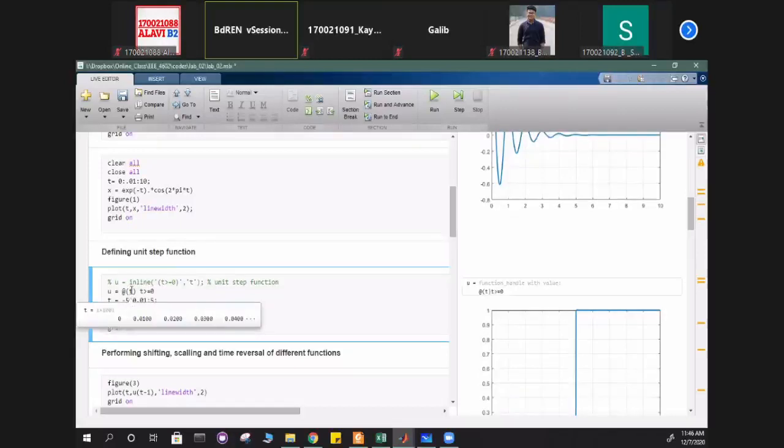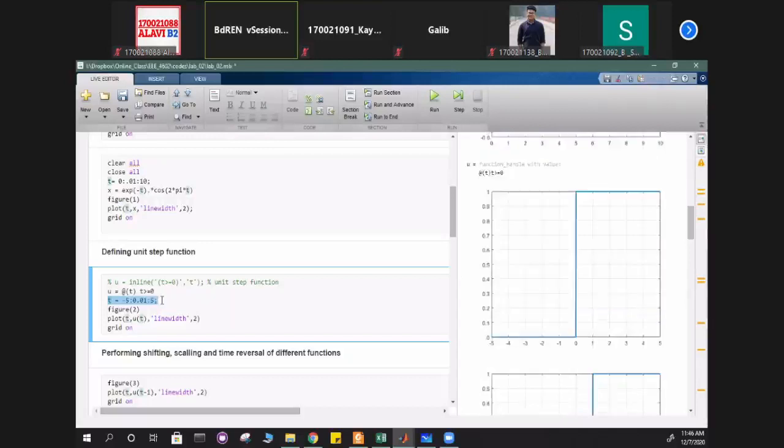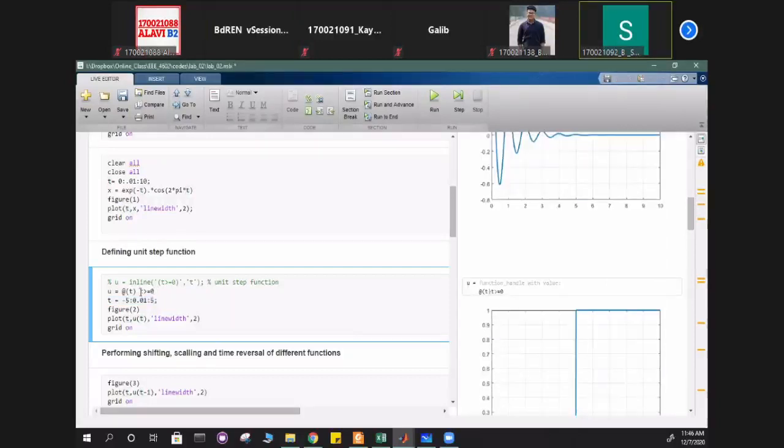Now 92. Yes, so here I have the variable t, isn't it? We have one variable t from -5 to 5 with the increment of 0.01. Can you see that? Yes, sir. Now, how does this simple thing imply that it is a unit step function?